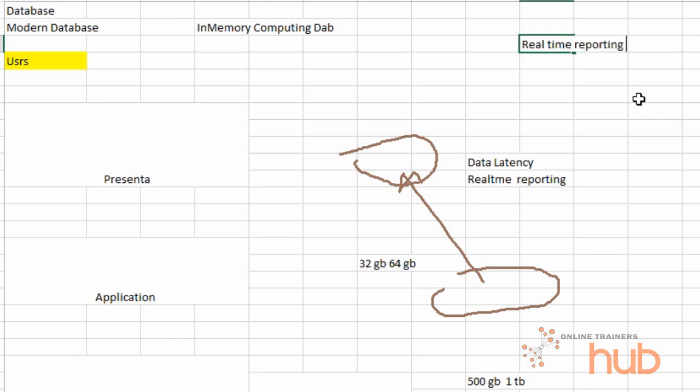So these are the things we would like to see with respect to in-memory computing databases. HANA is such an in-memory computing database.